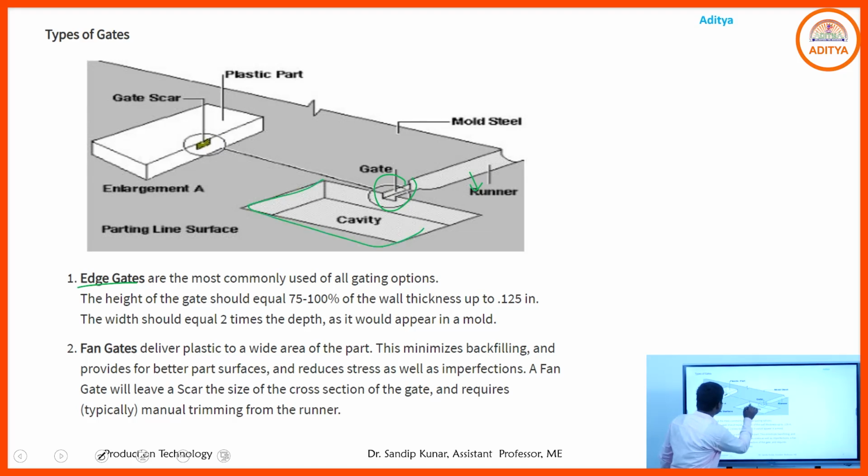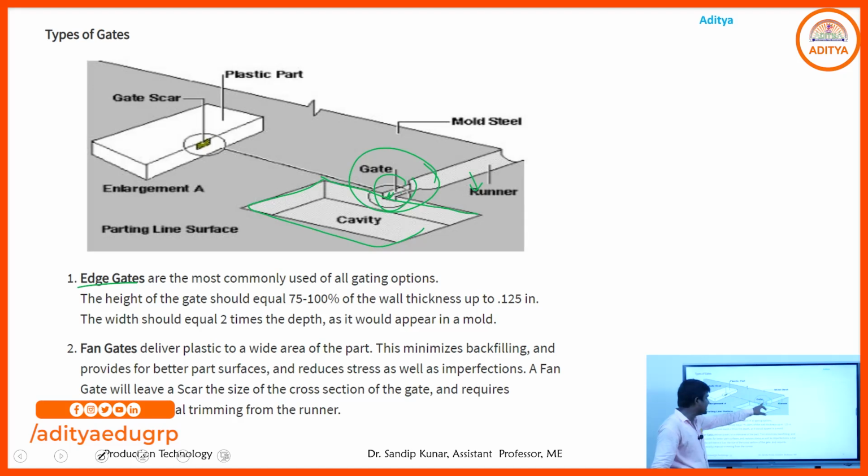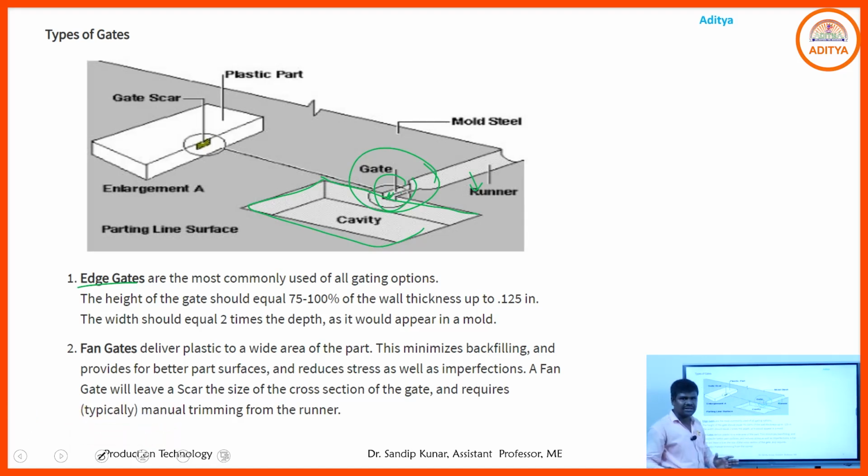Here we see the edge gate, meaning at the one edge part of that mold cavity we produce the gate, and through that gate the liquid metal flows into the cavity. After the liquid molten metal comes in, it will solidify and finally the product will be produced using the casting process.